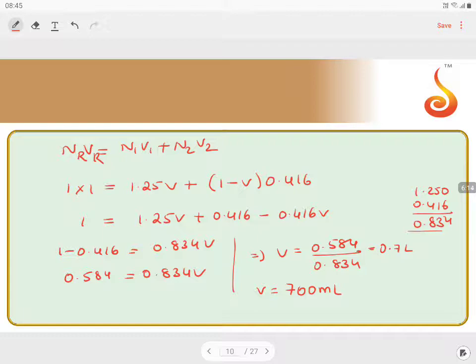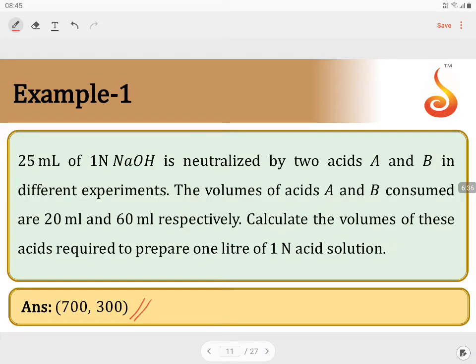So this is the volume corresponding to V1. Now V2 equals 1 minus V, which is 1 minus 0.7, that comes to be 0.3 liters or 300 ml. So we are getting an answer: one is 700 ml, the other one is 300 ml.